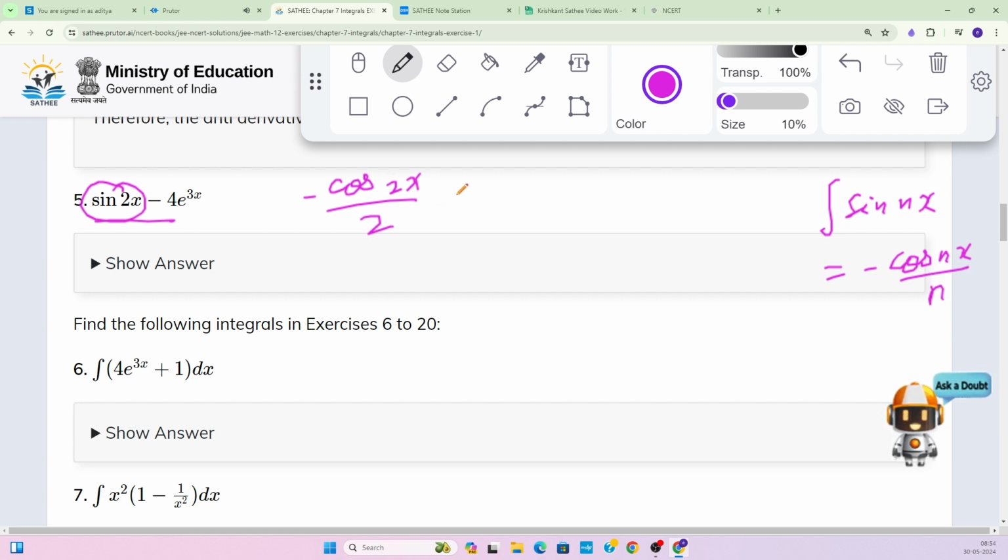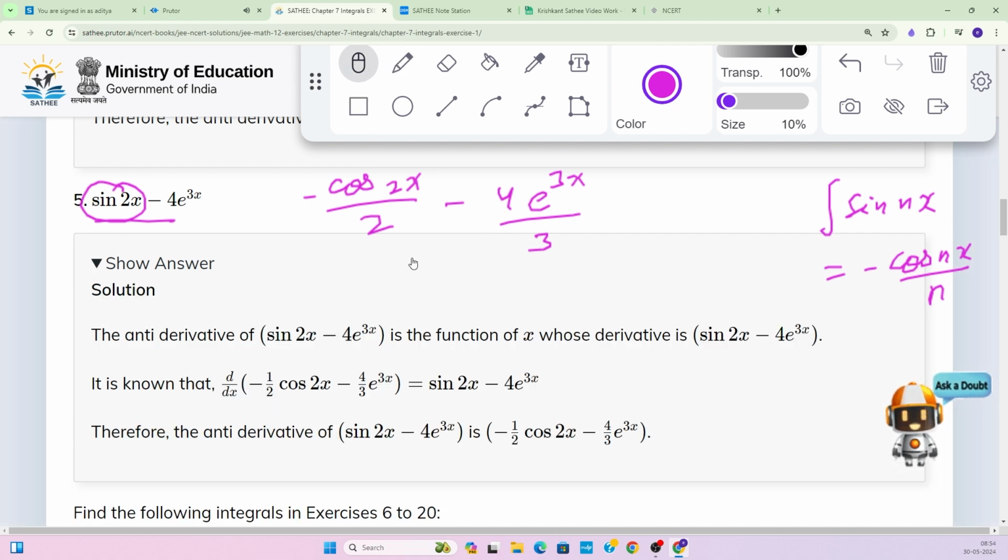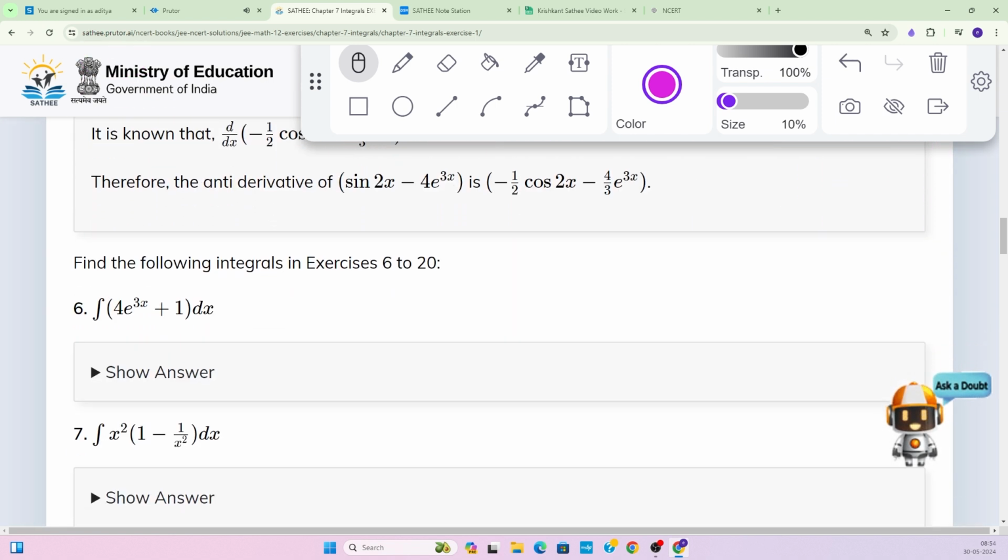Now what about this? The 4 will be as it is. e^nx means e^3x divided by 3, that is e^nx divided by n. So you will have as your answer minus cos 2x divided by 2, minus 4 by 3 e^3x. Simple. Let us move to the next problem.